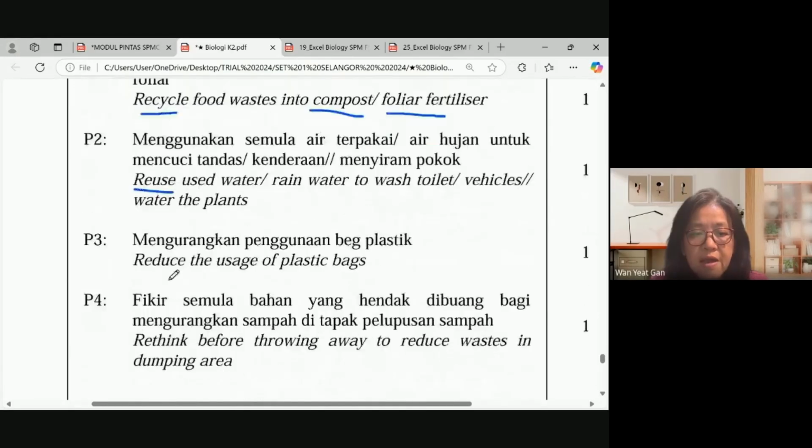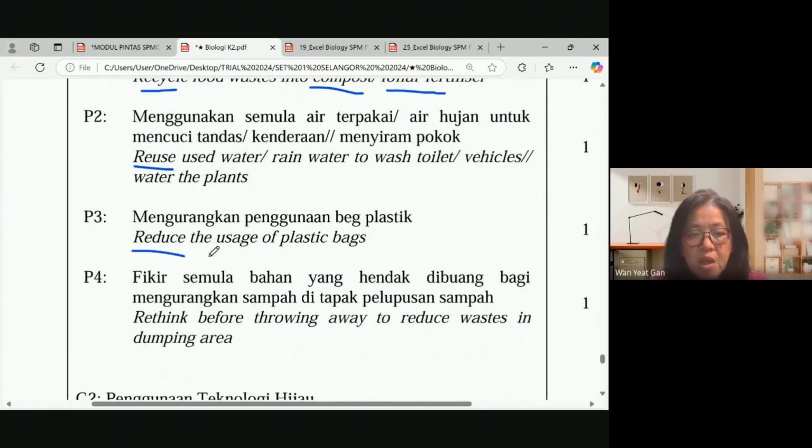Okay, the next R is reduce. Reduce here means we do not use things that will bring damage to the environment. For example, single-use plastic bags. So we need to reduce the use of plastic bags because they are non-biodegradable. Okay, maybe use recyclable bags and rethink before we throw away, to reduce waste in dumping area or landfill.